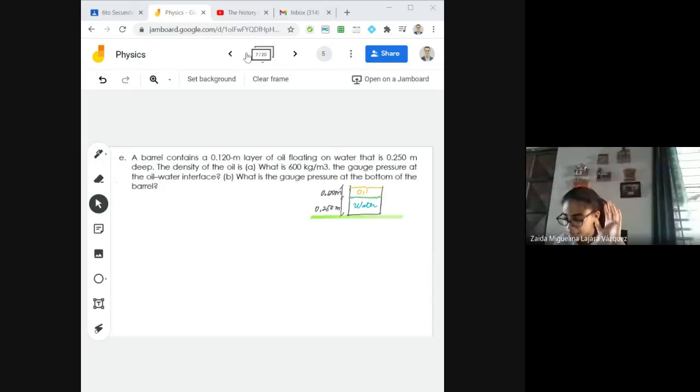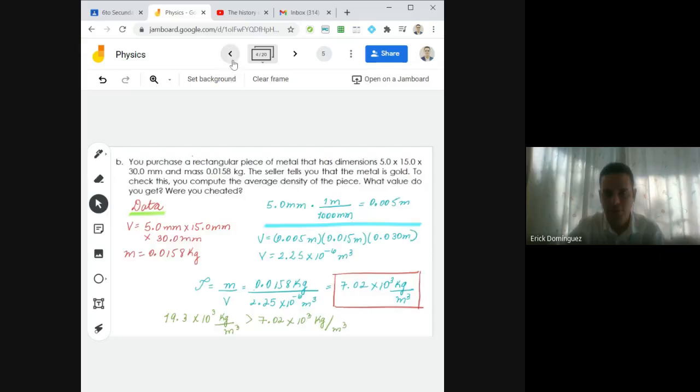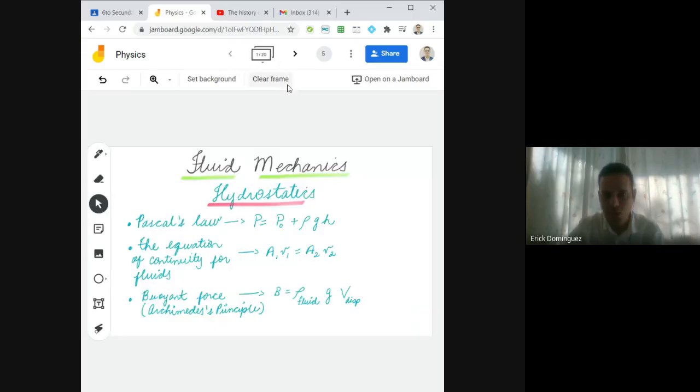We have it in Pascal's law. Very good. So if we go back, we do have gauge pressure. Actually, in Pascal's law, we have gauge pressure right there. Gauge pressure is equal to this portion of that specific formula.